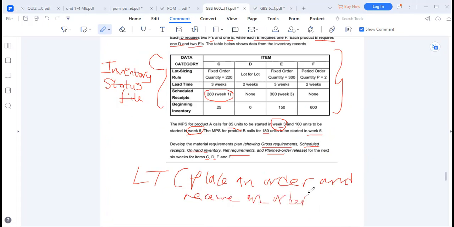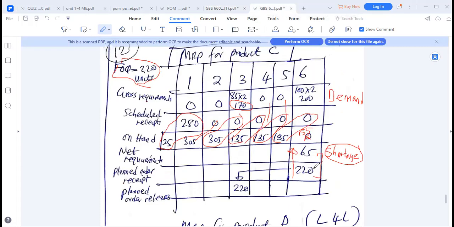So this is the aspect of lead time. For us to have a receipt in week 6 of 220, we placed an order 3 weeks before. So this one would have been released in week 3. That's what it means.